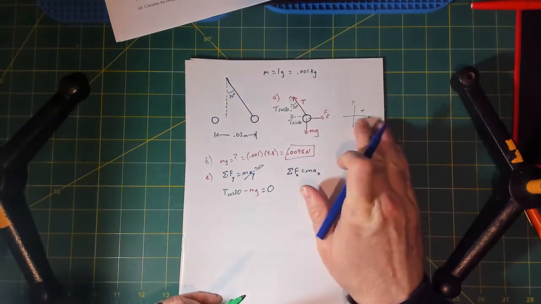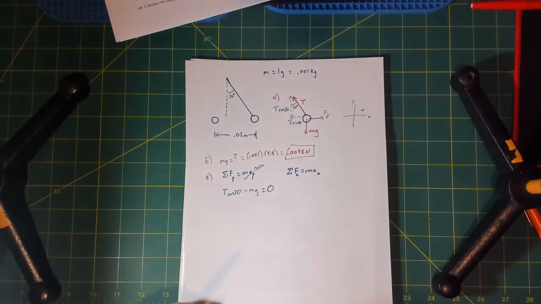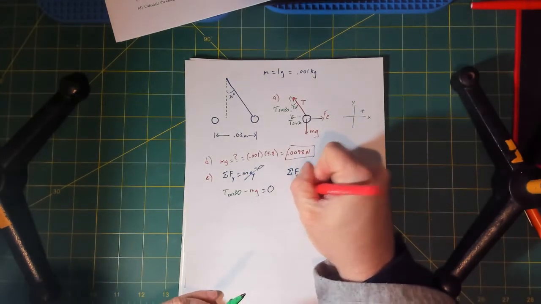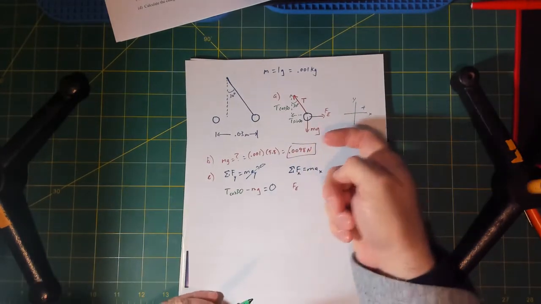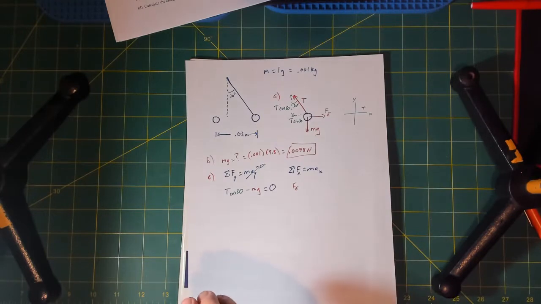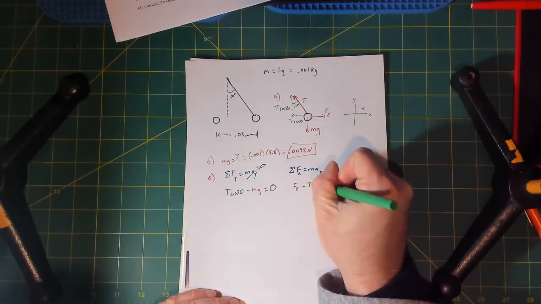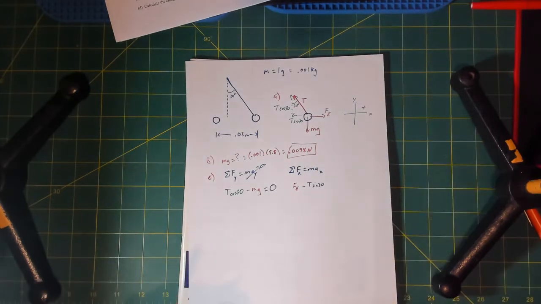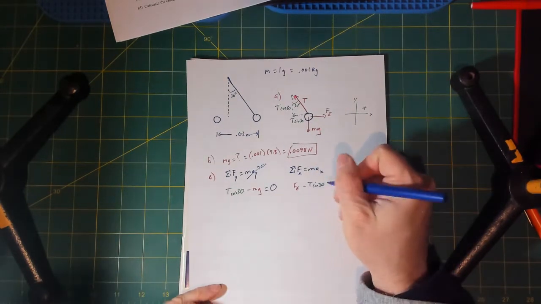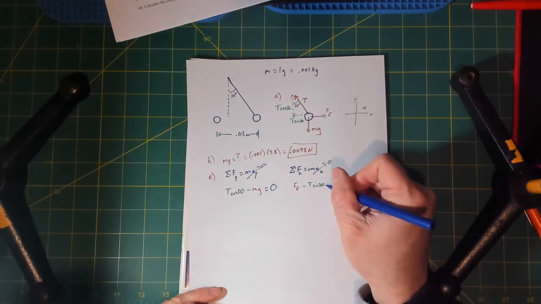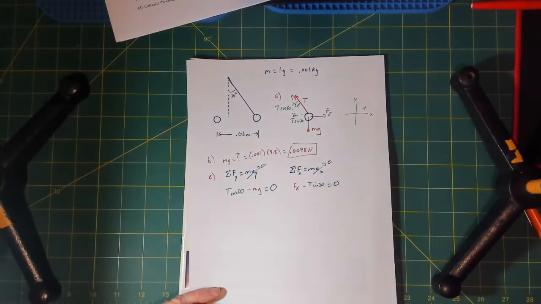Forces to the right are positive, so right minus left. That'll be Fe to the right, positive, minus T sine 30 going to the left. That's got to equal mass times acceleration in the x, except we know that we're not accelerating anywhere. We're at equilibrium, so that's got to add to 0.